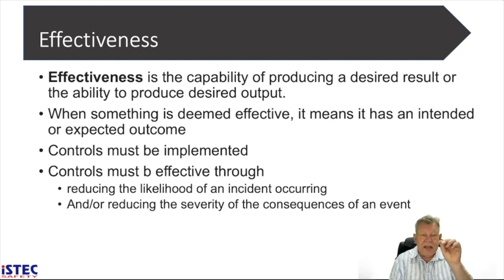Because if I apply a control for window dressing, or I don't address how the hazard is going to cause harm, then I will spend my resources and my effort on risk controls, but the hazard will still get to me. My barriers will not be effective in preventing the harm. So when we look at risk controls, please make sure that they are effective and that they will stop the harm from occurring.